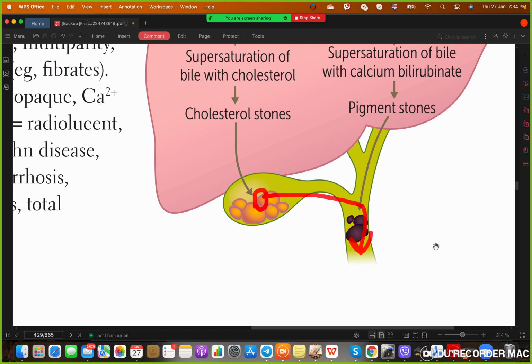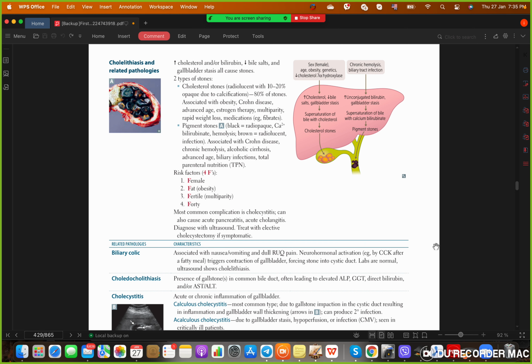Yes, absolutely. So there will be more risk of obstruction if we make it smaller by ursodiol. Thus, it's inefficient.